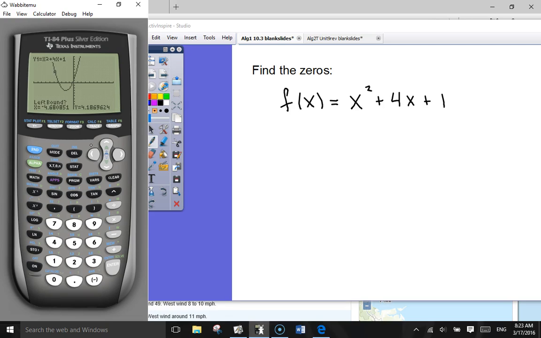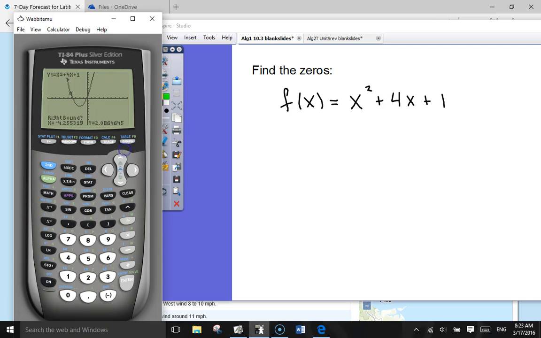Hit enter. Now we need to move it a little bit to the right of that same zero. Hit enter. Now I've put those two triangles above the graph, I hit enter, and it jumps to the zero.